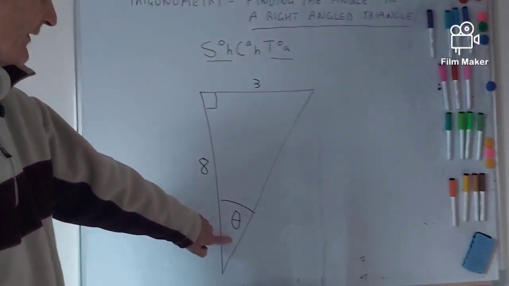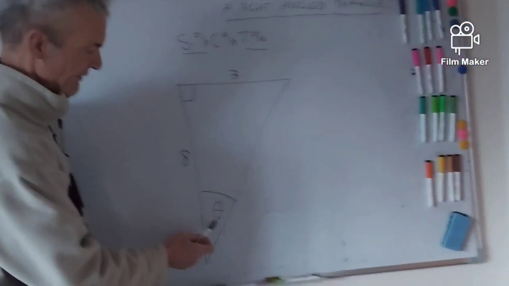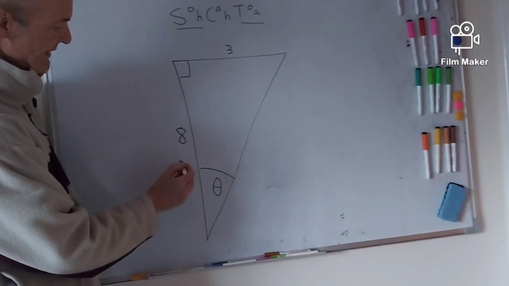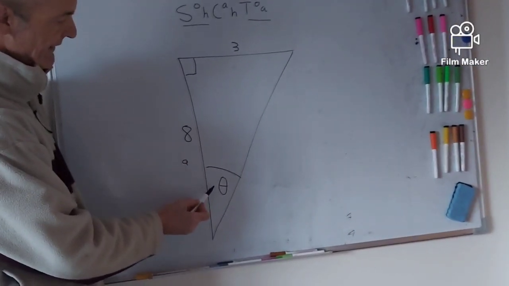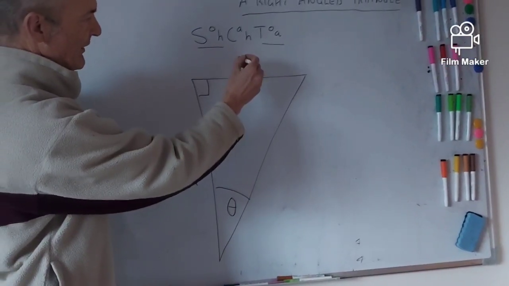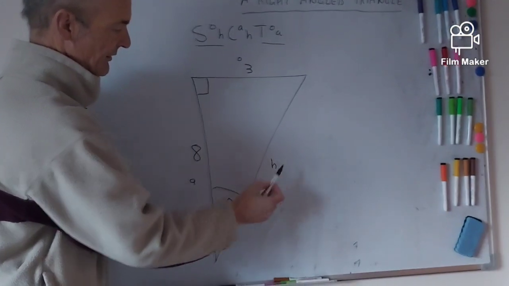So let's have a look at what we've got on the triangle so far. In relation to this angle, we've got this side, which is the adjacent, and then over here, opposite the angle, we've got the opposite. So this side is the hypotenuse.